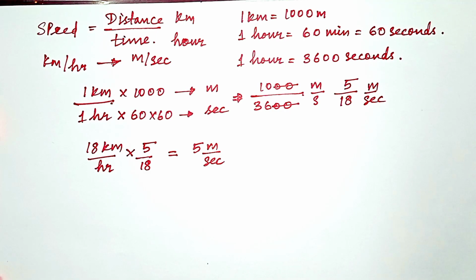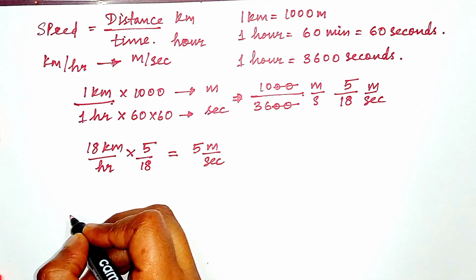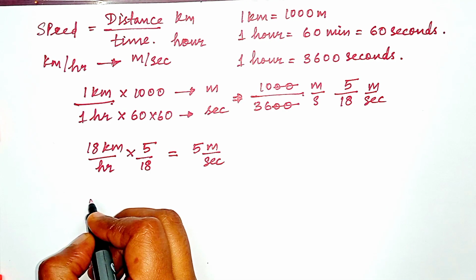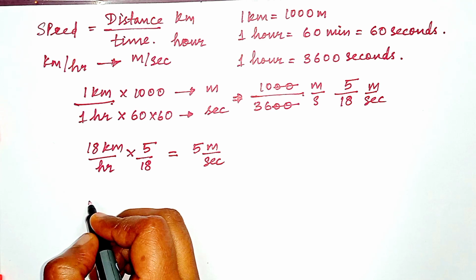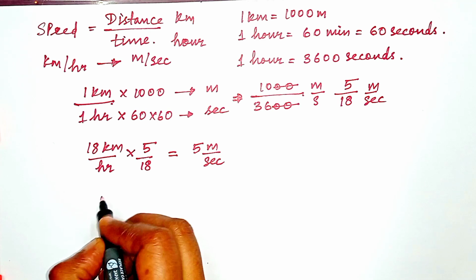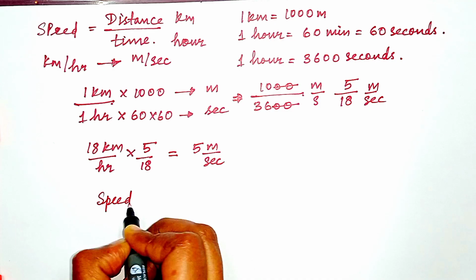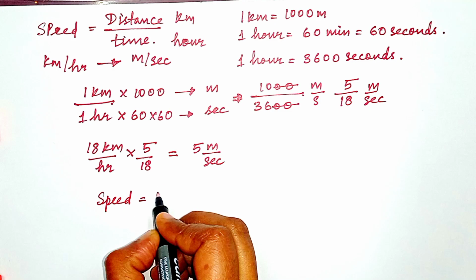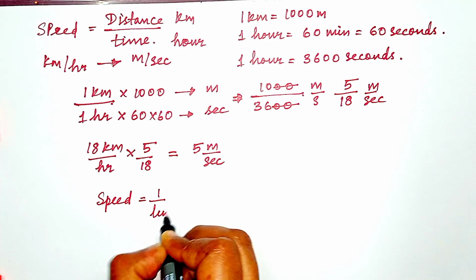Based on this basic formula, let's try to solve a question, because there are many other formulas related to it, like speed and ratios. Let me do it for speed, and how speed is related to time, because speed is not directly proportional, it is inversely proportional to time, 1 by t.